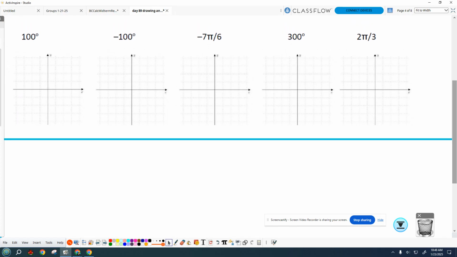Emery, can you do the third one, negative 7 pi over 6? Fernando, can you do the 300 degrees? Mache, can you do the 2 pi over 3?